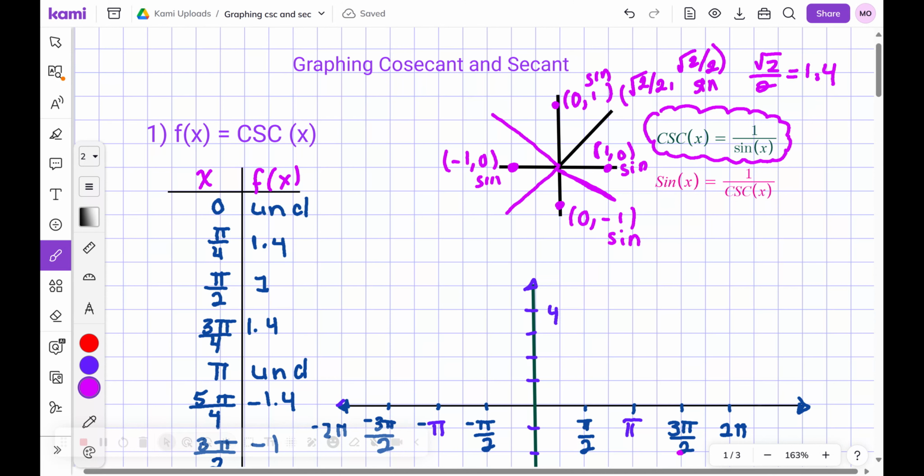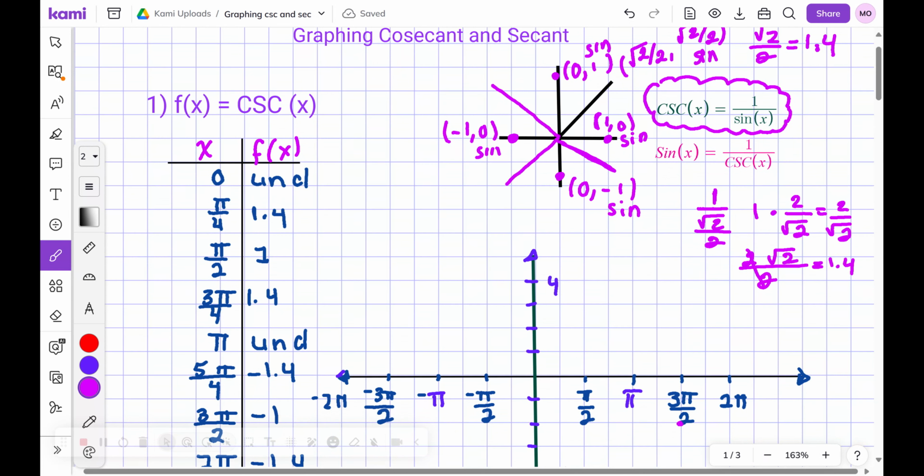So 1 over, sine of pi over 4 is radical 2 over 2, so it will be 1 times the reciprocal, so 2 over radical 2. If you rationalize the denominator, you get radical 2, which is 1.4. So that's how I got that 1.4.